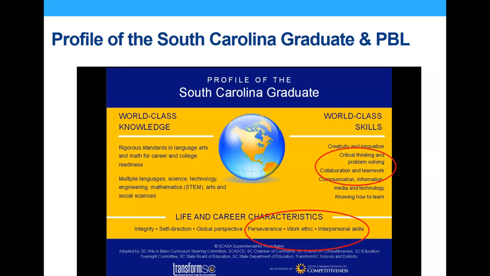And a lot of times we might, in the back of our mind, know that our assignments or our reading or our project is helping them with these skills. But what project-based learning asks teachers to do is to make that more explicit. To say, let's talk about how to be a good collaborator. To say, okay, we have this problem in front of us. How are we going to solve it?